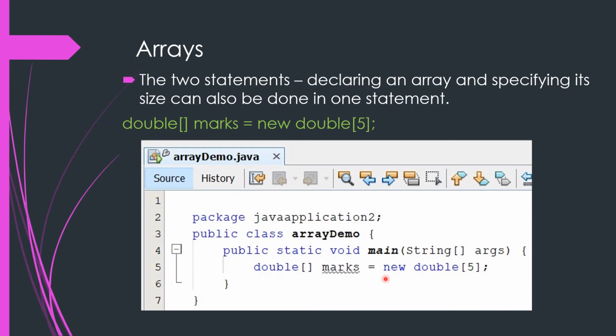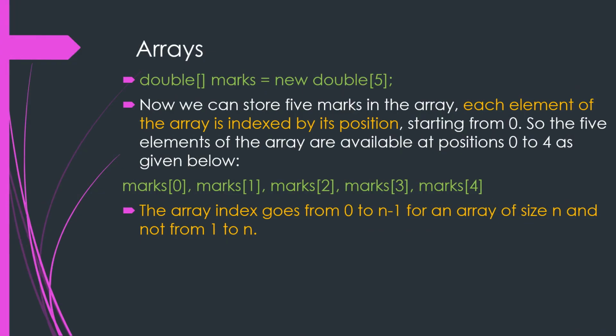So this is how you can combine the two statements, declaring an array and specifying its size. Both of these you can combine in one statement also, and if you want you can also write them in different statements. Now, as you can see here, we have specified the size of the array as 5.